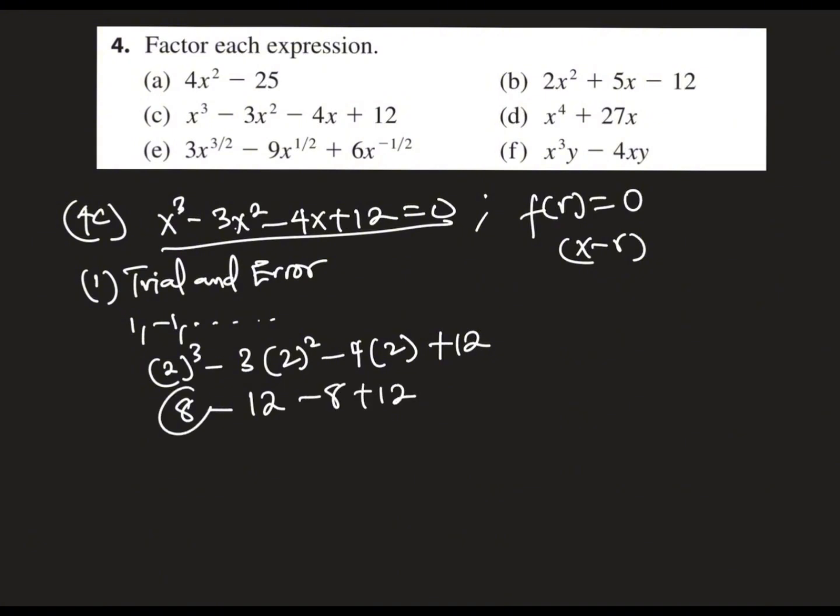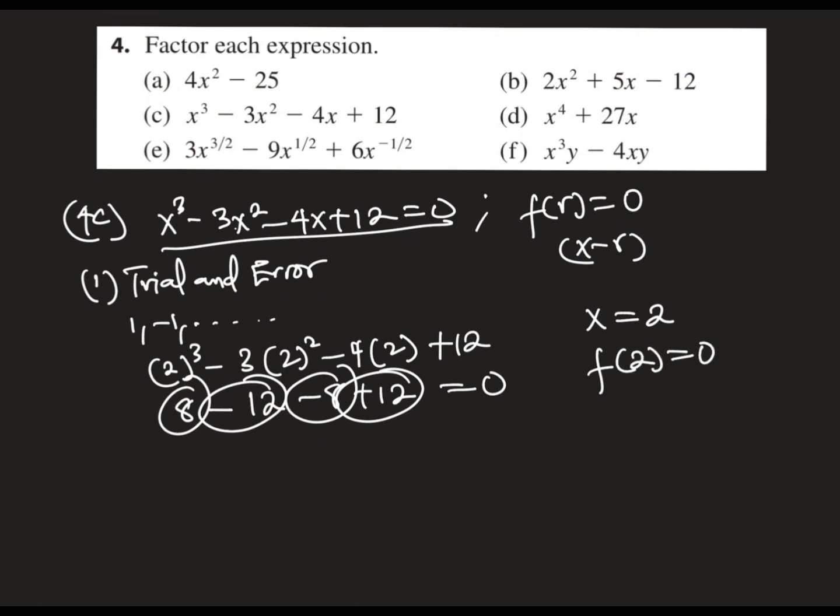Now 8 minus 8 is 0, -12 plus 12 is 0. So that shows x equals 2 is a factor because f of 2 is 0. So we can say r is equal to 2.